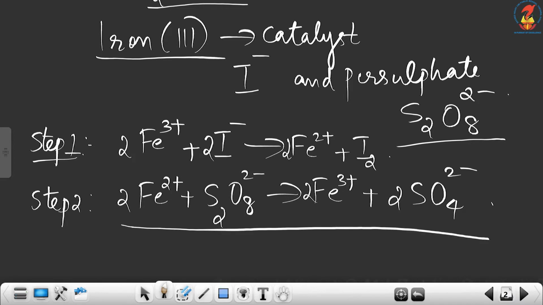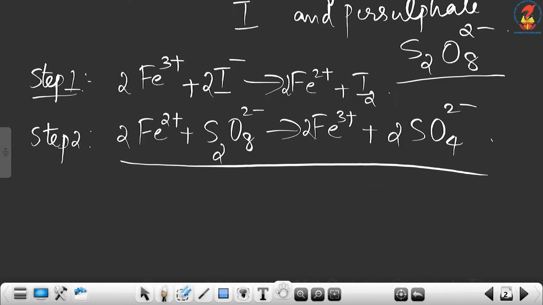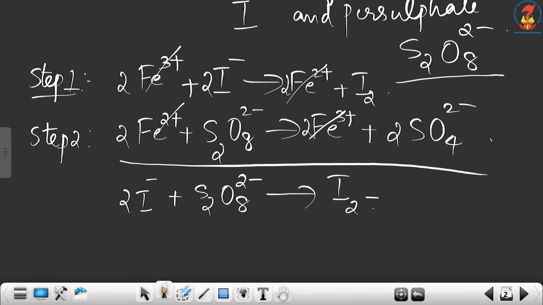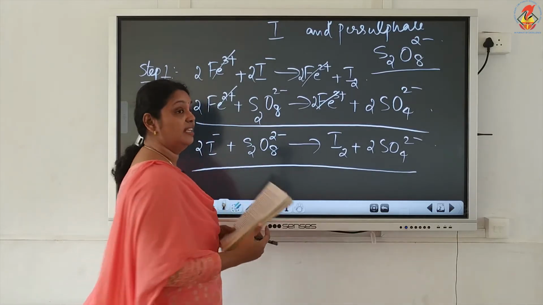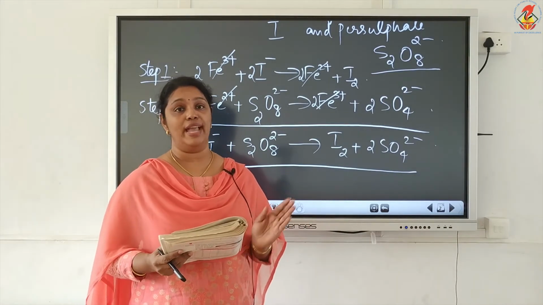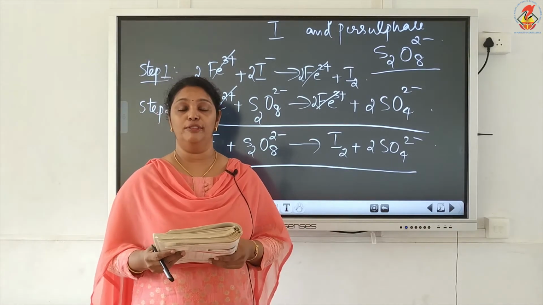Now let's write the overall reaction. Fe3+ and Fe3+ get cancelled, and in the same way Fe2+ gets cancelled. So the overall reaction will be 2I- plus S2O8 2- gives I2 plus 2SO4 2-. So this is an example where the Fe3+ ion catalyzes the reaction between I- and persulfate ion.